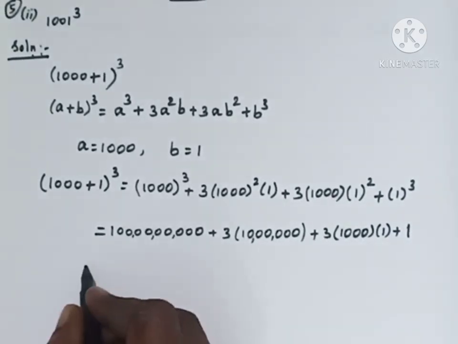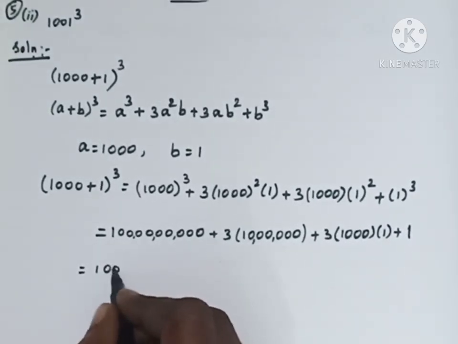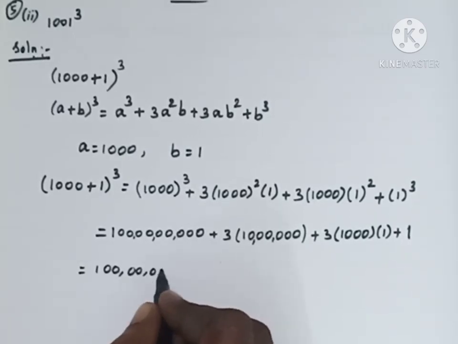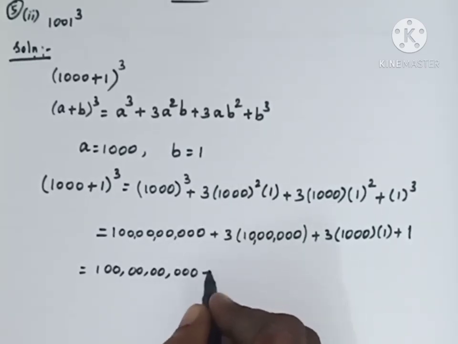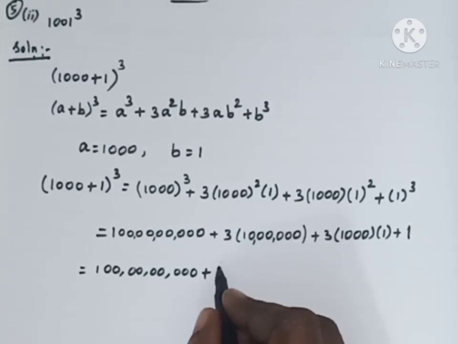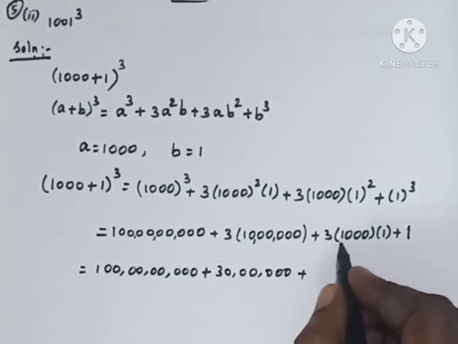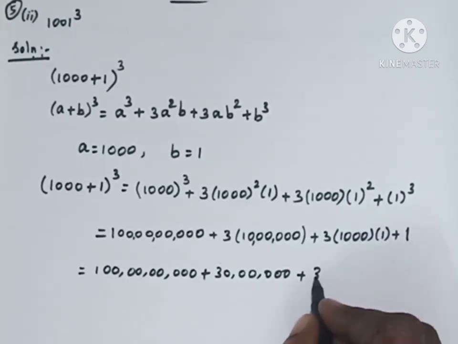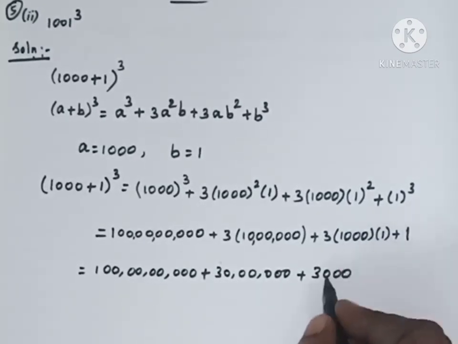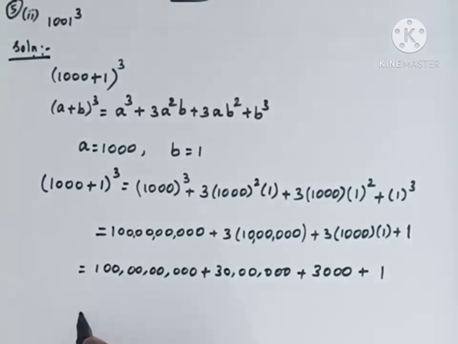So it is 1. Now 100 crores plus 3 into 10 lakhs is nothing but 30 lakhs, plus 3 into 1000 into 1 can be written as 3000, plus 1.